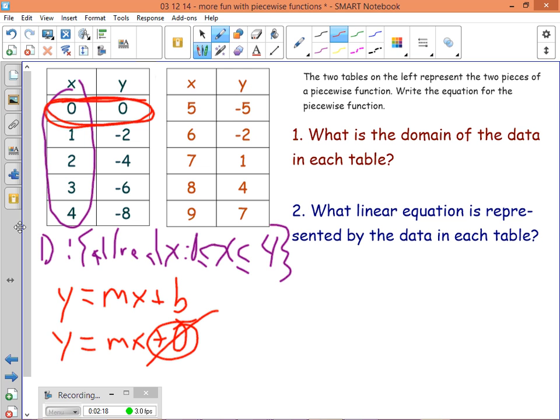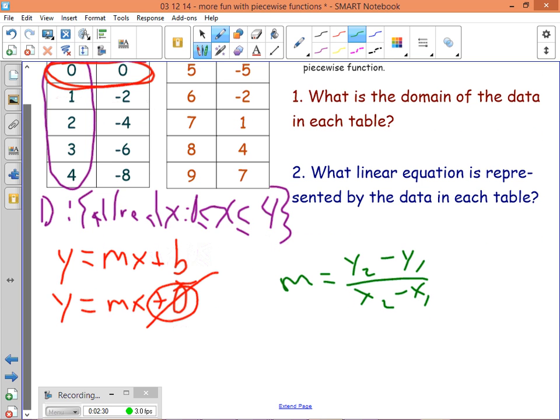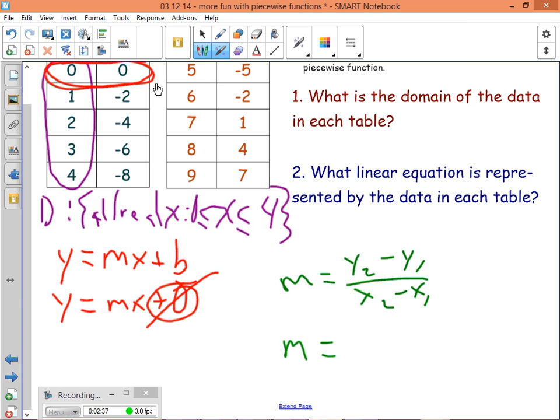You guys all know how to do slope by now. We are going to take the slope formula, m equals y2 minus y1 over x2 minus x1. And I am going to use the points 0, 0, that point there, and the point 1, negative 2.